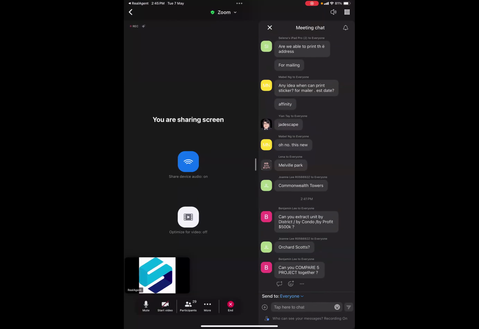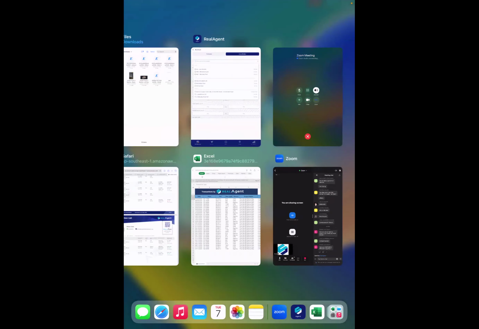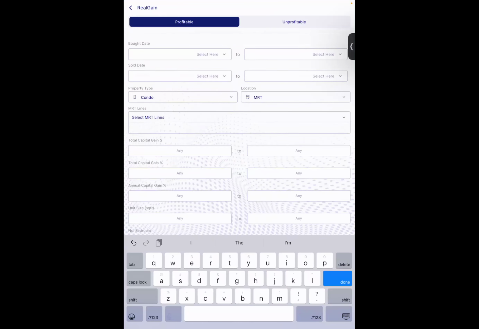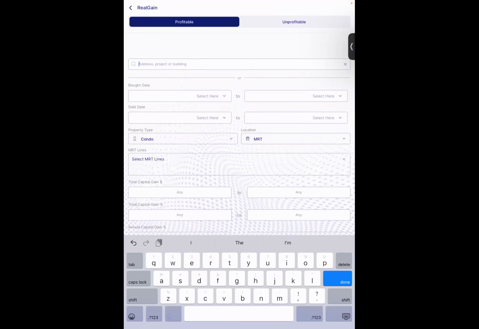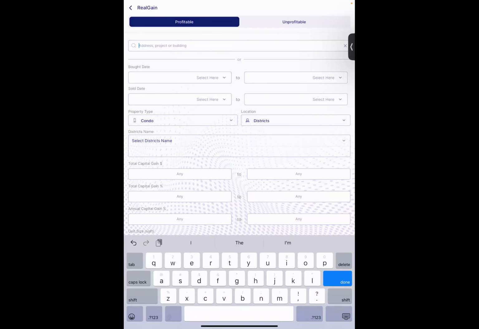Can you extract units by district, by condo, by profit, 500K? Under profitable, you can select by MRT, or by district.